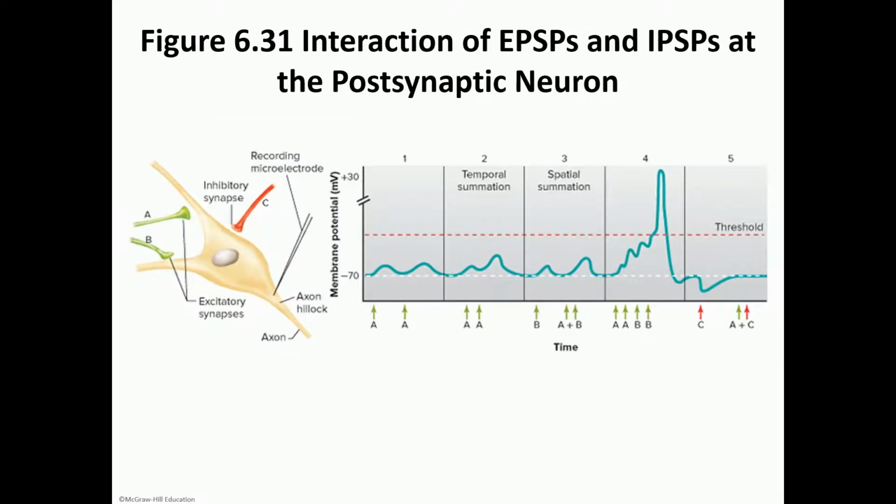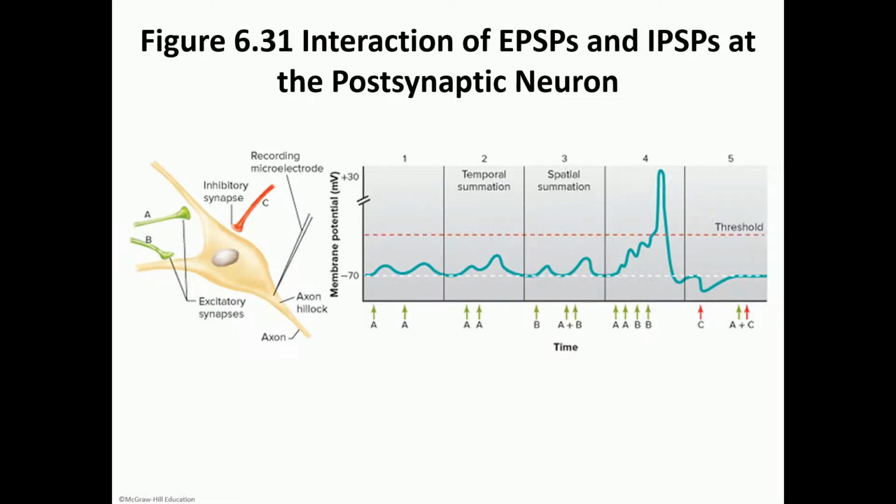Now, how do these EPSPs and IPSPs interact on the postsynaptic neuron? So know that this one postsynaptic neuron gets tons of information from different cells. So you see here that A, B, and C are all three presynaptic neurons to this poor cell.